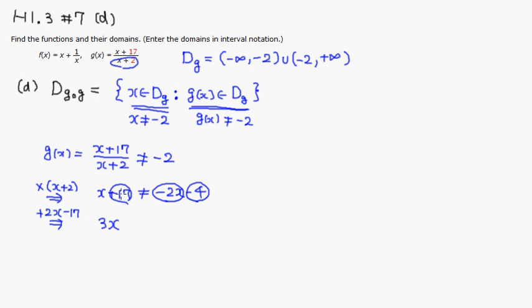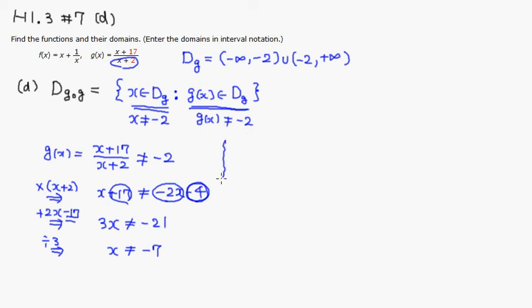Subtracting 17 will cancel the 17 here, so 3x cannot be equal to, then you have -4, which was originally on the right-hand side. Subtracting 17 from that, it's going to be -21. Then we can isolate x by dividing through by 3. We'll get x is not equal to -7.